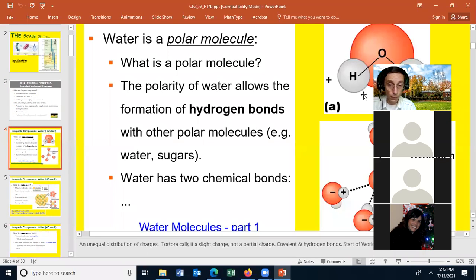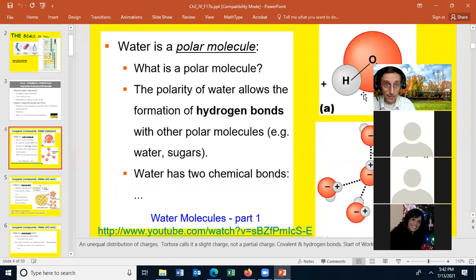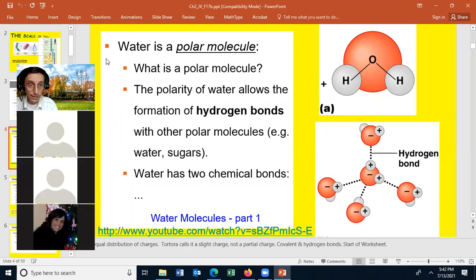So when we're talking about inorganic molecules, one of the most important in the living body, or a living cell, is the water molecule. Water is a polar molecule. When I say it's polar, that means the electron that's holding the hydrogen and the oxygen together is not shared equally.